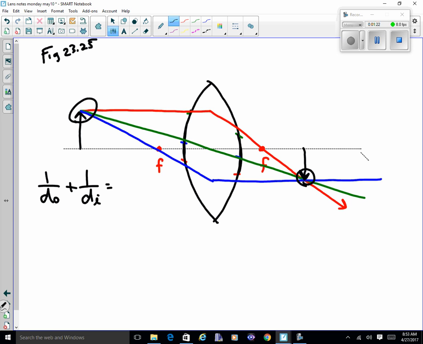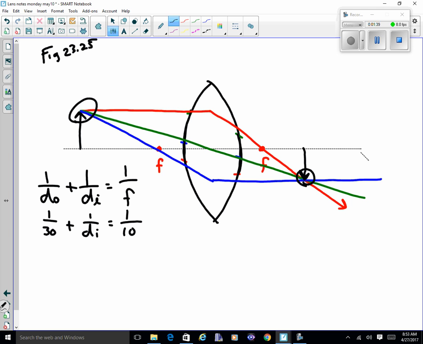And so we put in the numbers we had of 1 over 30. We were trying to figure out where the image was going to be, so I'm looking for my image distance. The focal length was 10. So I'm going to subtract 1 over 30 from both sides.